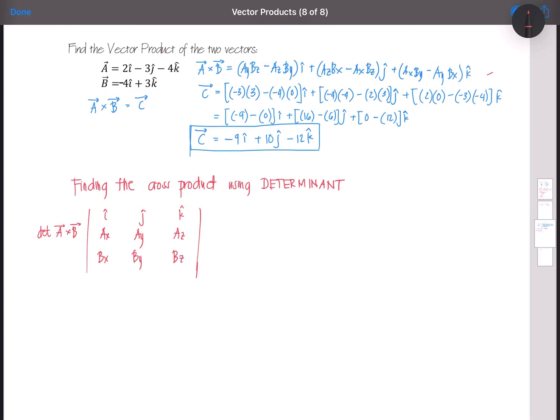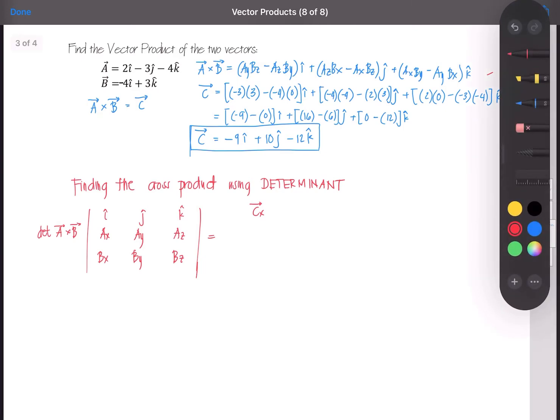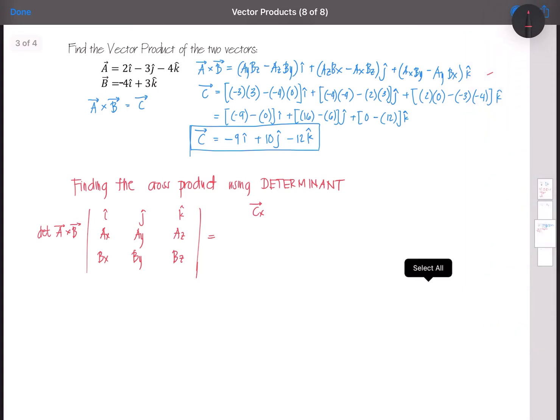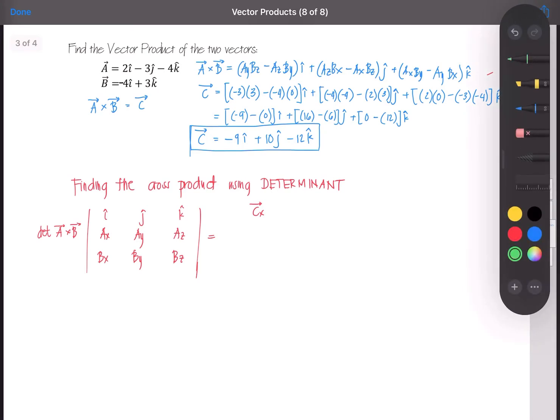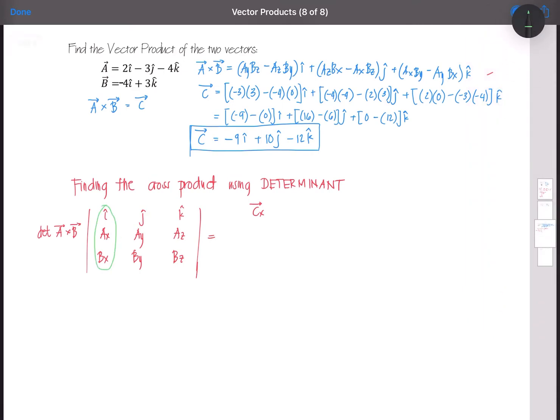Now, in getting the determinant, first we have CX, the x component of the vector C. We cover the column for i hat to get the x component, and we follow this pattern.